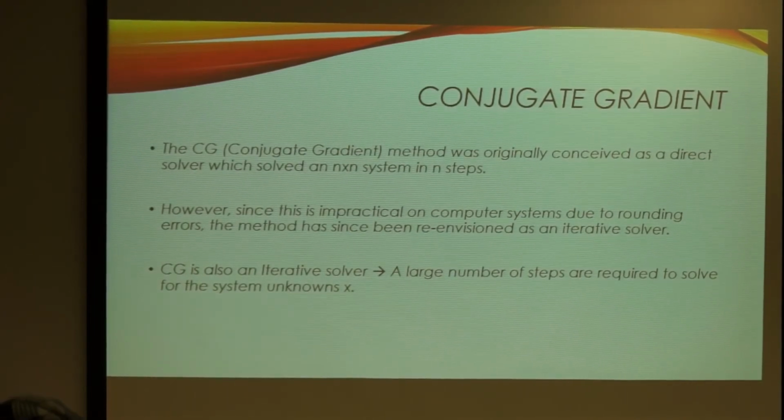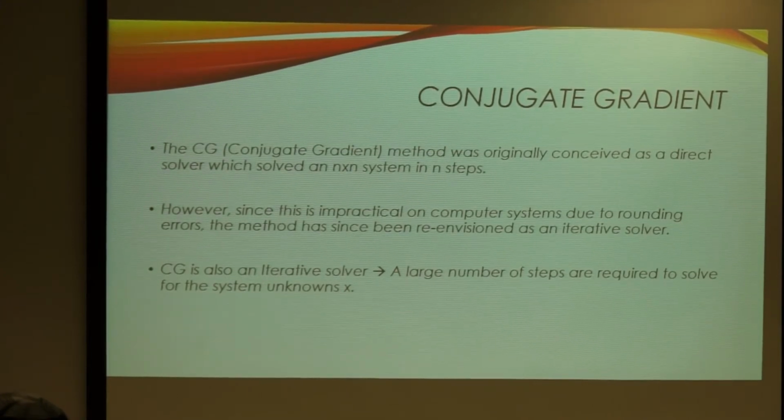The CG technique, you may have heard of this. The CG method was originally conceived as a direct solver, and with infinite precision, if your computer is infinitely precise, then it is a direct solver. But your computer is not infinitely precise. On any real computer system, we have floating point errors.